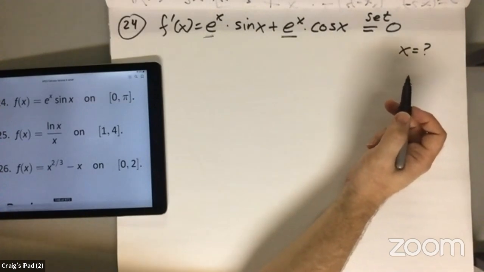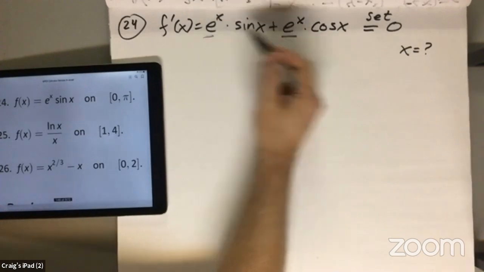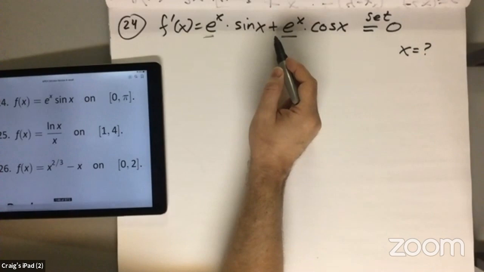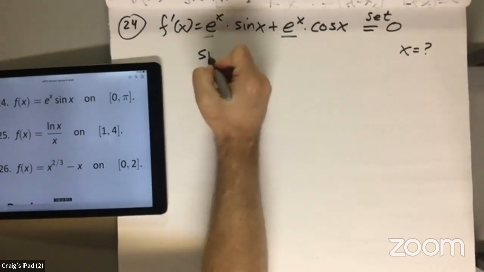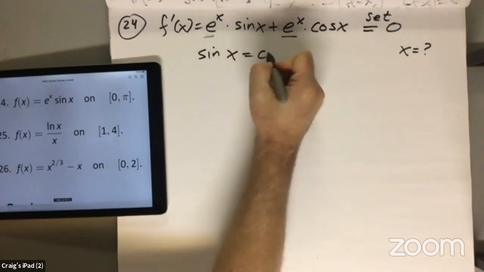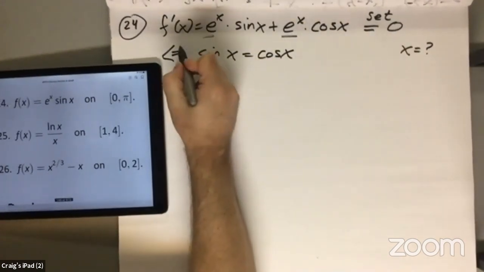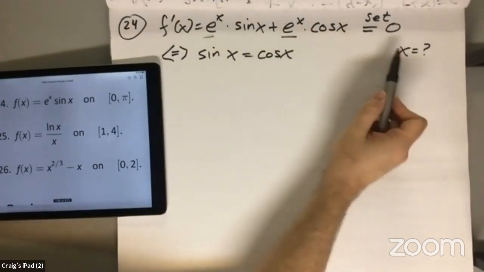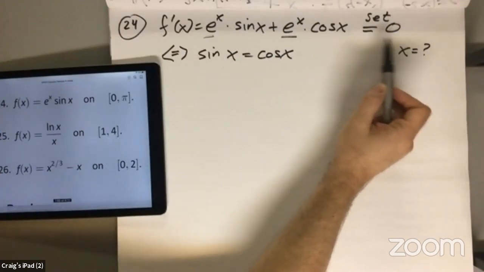Its graph is always above the x-axis, so this part's never 0. I don't have to worry about that one. I can factor out the e to the x and then divide both sides by e to the x. And I just have sine of x equals cosine of x. That's equivalent to this simpler equation, just dividing both sides by e to the x, because 0 divided by anything is 0, except 0.